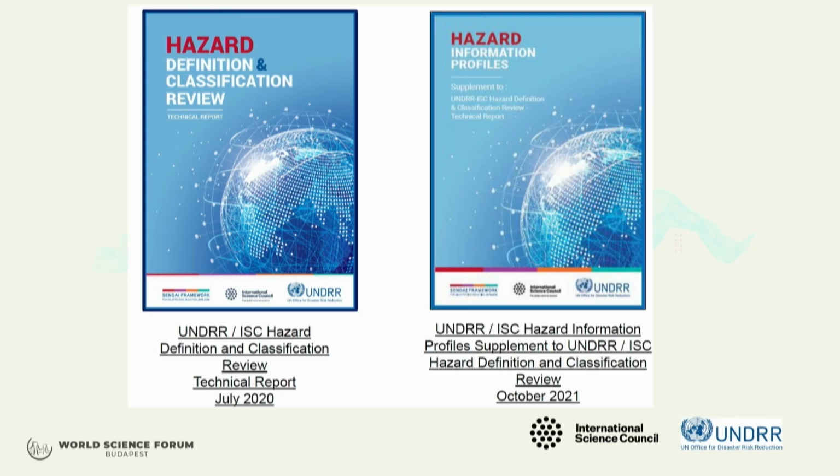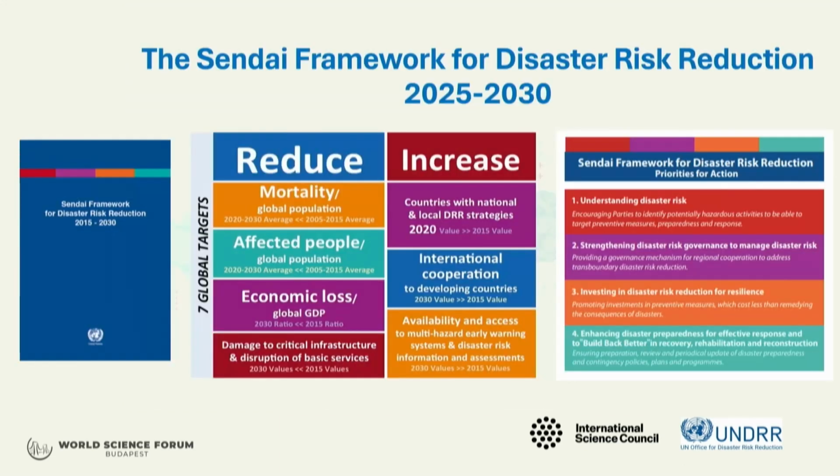These both were published, one in July 2020, in the middle of COVID, and the other in October 2021, when we were still looking at COVID. So at a time when everybody was very much involved with a really pandemic of international concern.